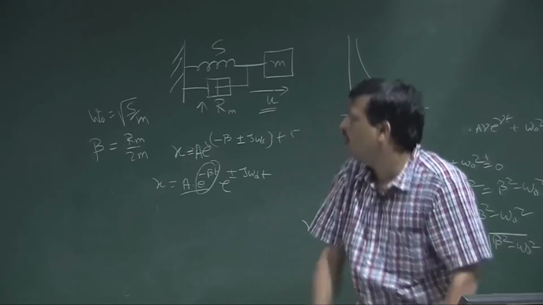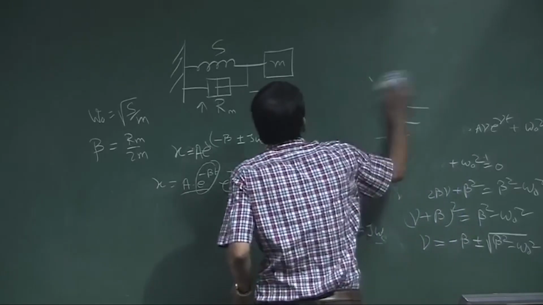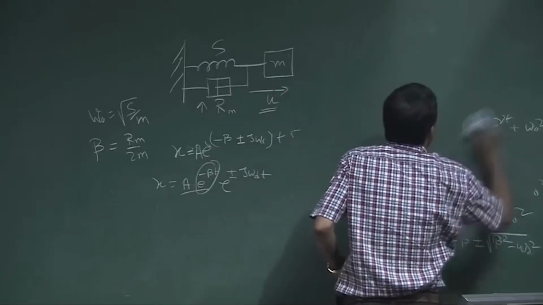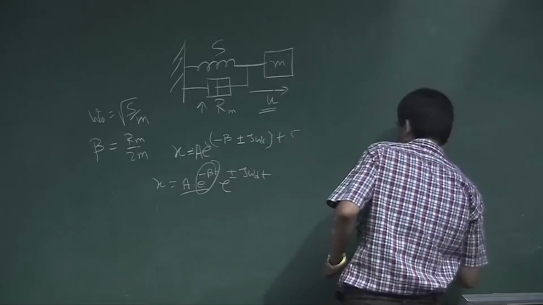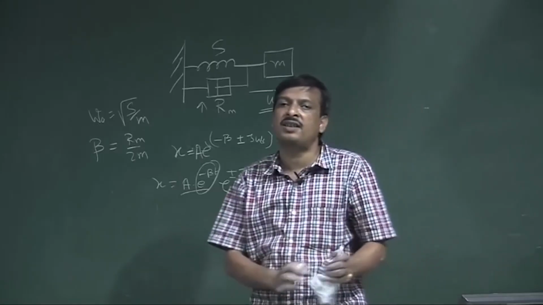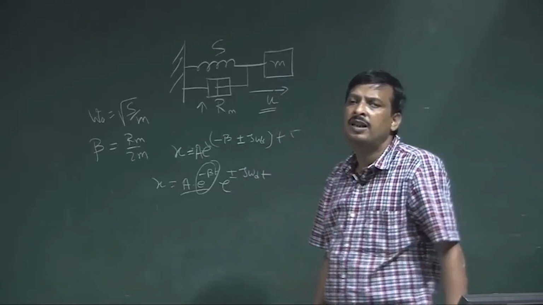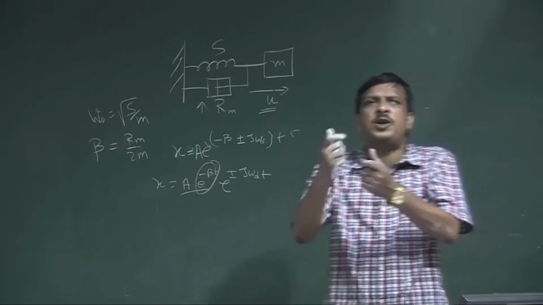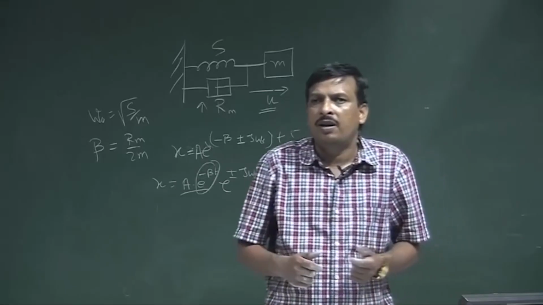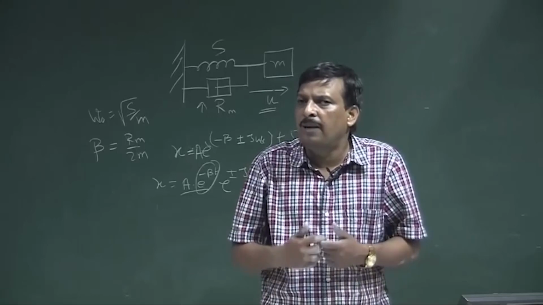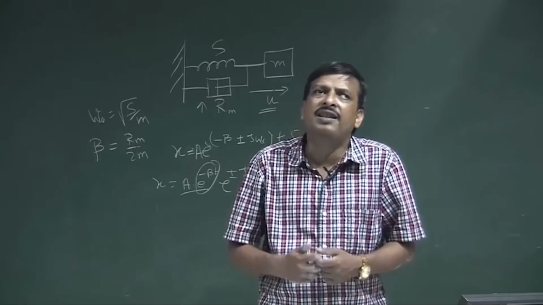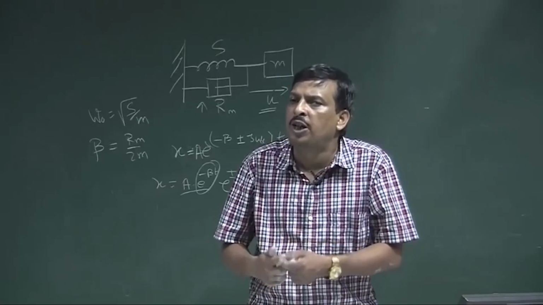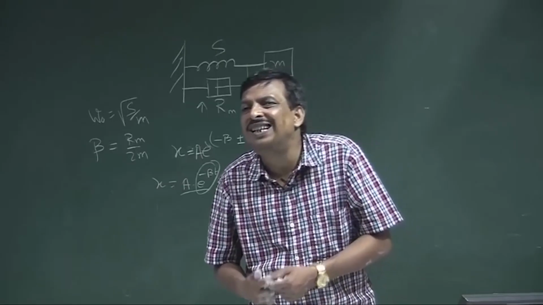Okay. Now there is another terminology, which is called characteristic time. What is characteristic time? It is defined as follows: if a damped oscillation has an initial amplitude A, it is the time required to reduce that amplitude by a factor of 1 by e.